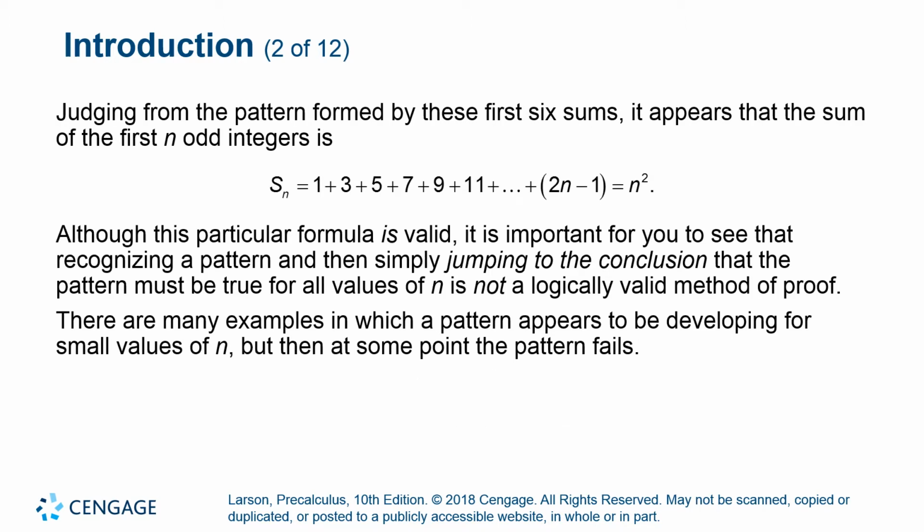So from the pattern we figured out for the first 6 numbers, we notice that the sum of the odd numbers gives me the square of how many numbers I'm adding together. So Sn would be n squared. So S20 would be 20 squared.